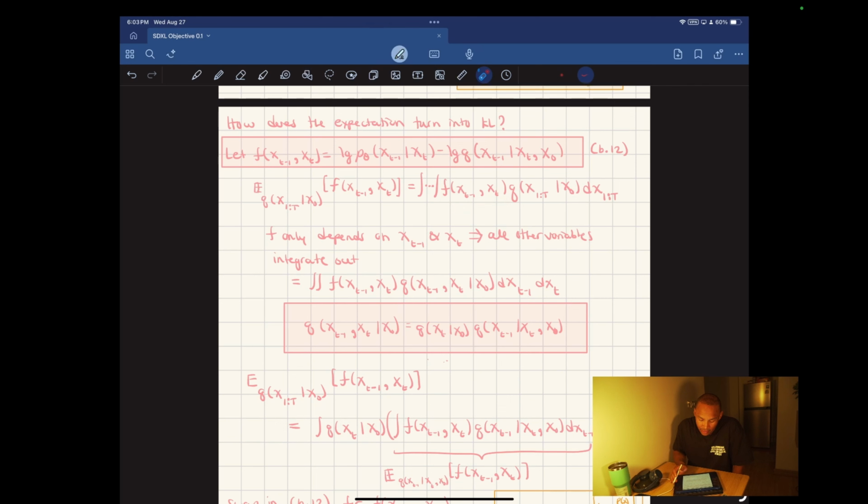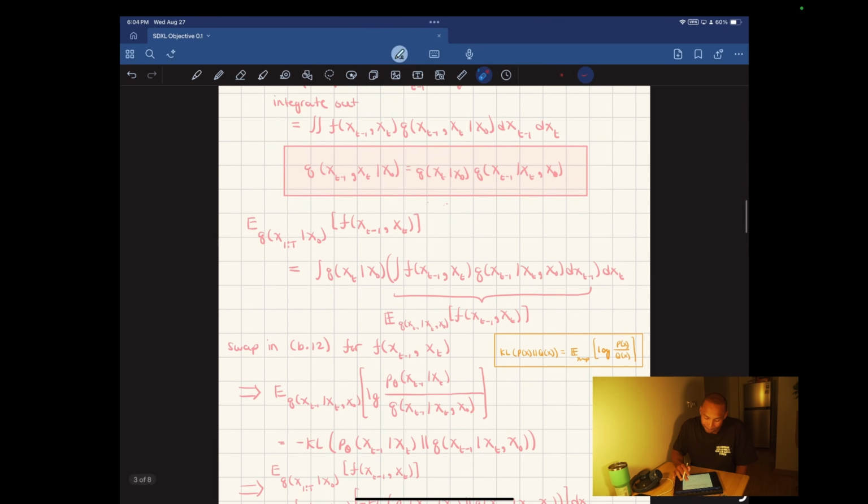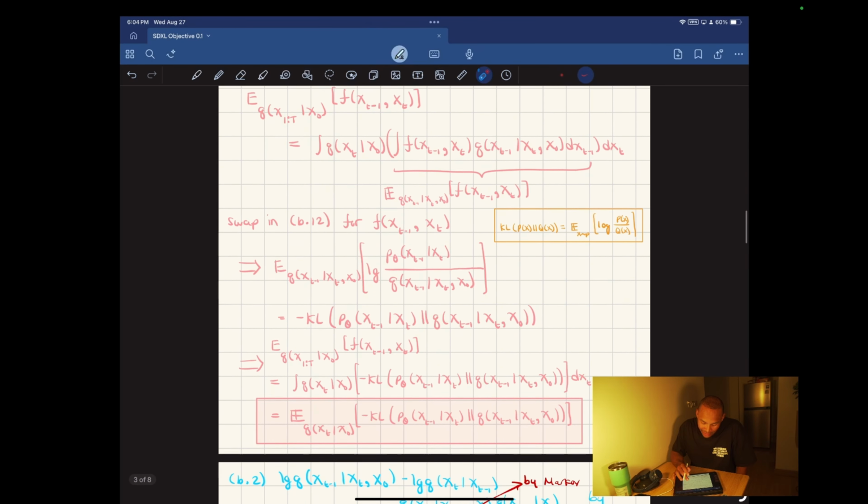And if that's the case, then we can change what this is an expectation under. That's the point.